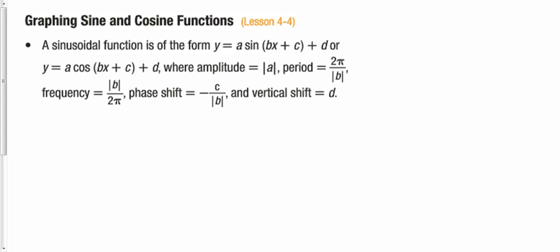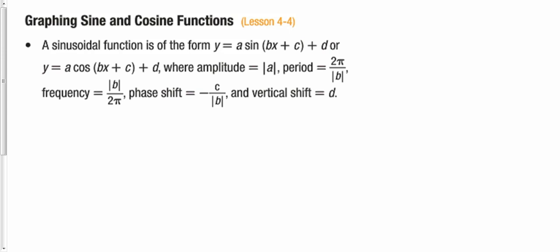So just remember what the standard form is here: y equals a sine of bx plus c, plus d, or cosine. Amplitude is the absolute value of a. Negatives there do reflections. Period is 2 pi over the absolute value of b. Frequency is b over 2 pi. Phase shift is negative c over b, and vertical shift is d.